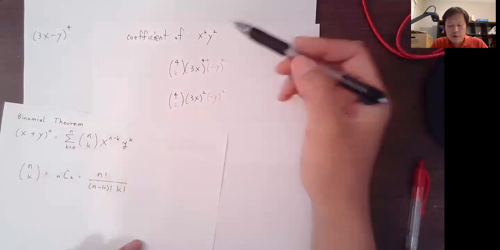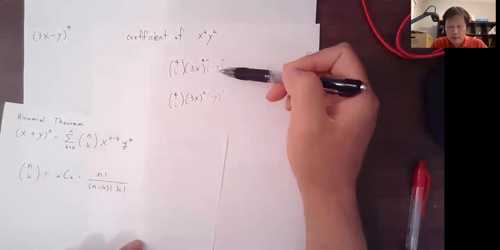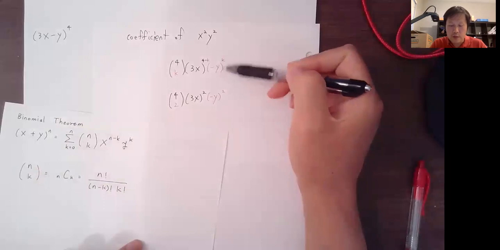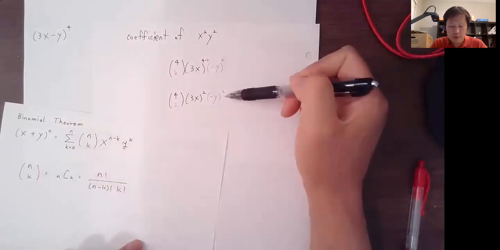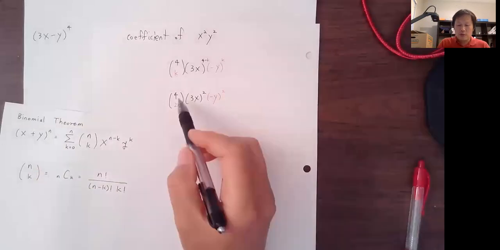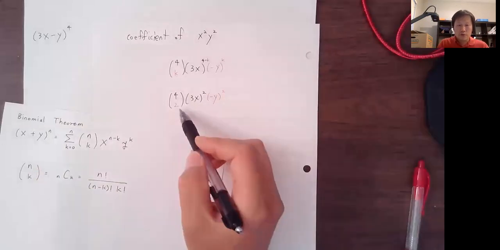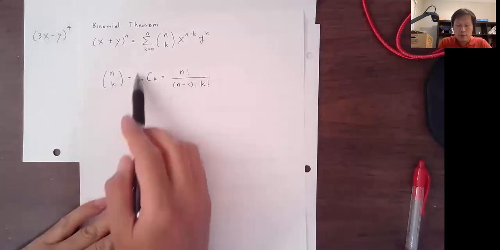I just compared the power of y. In the minus y parenthesis to the k power, you need the power of y to be second power, so the value of k should be 2, and plug in k is 2. So this is called 4 combination 2. Combination is this formula.